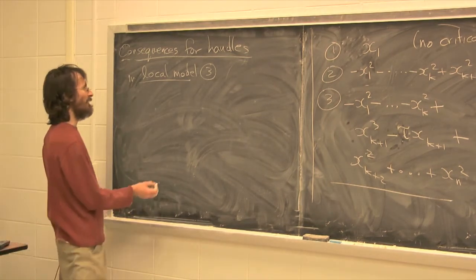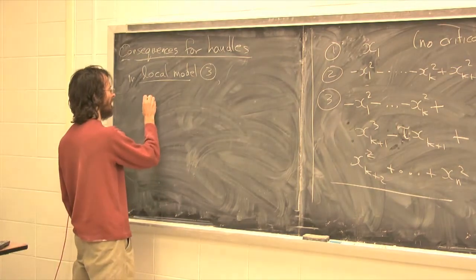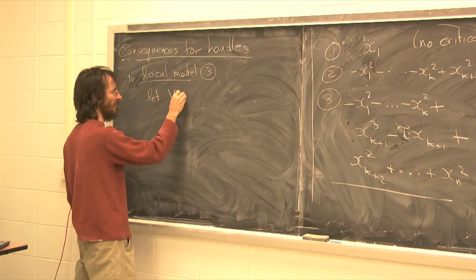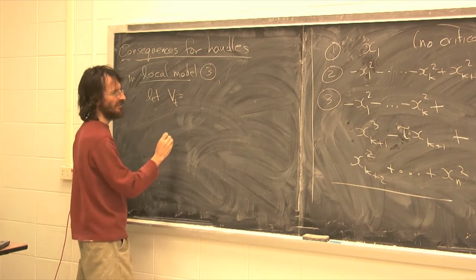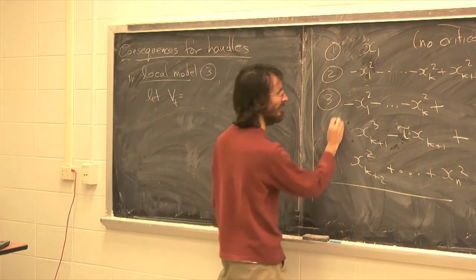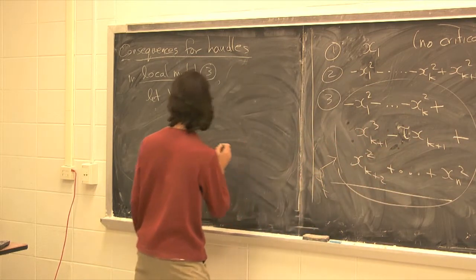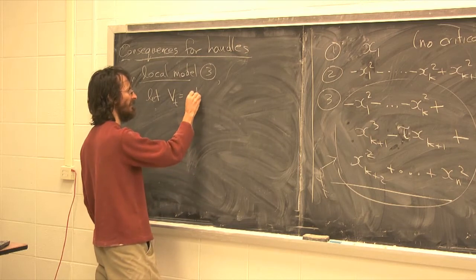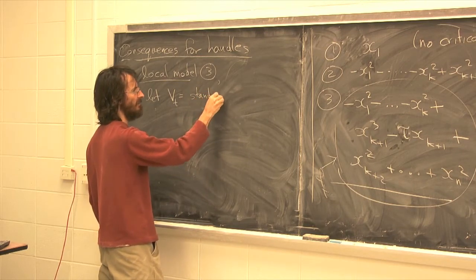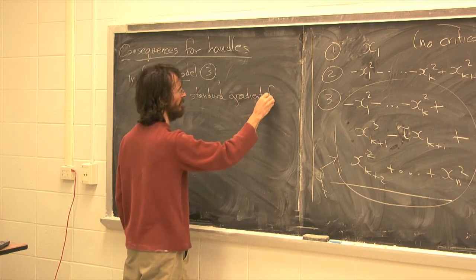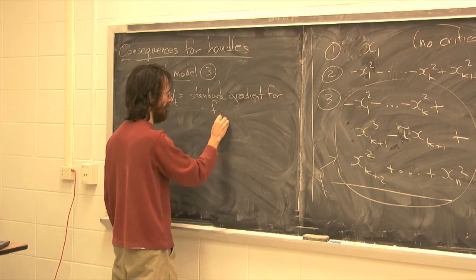And so, first of all, if we let v equal v sub t, so this is now a function f sub t, where v sub t equals the standard Euclidean gradient for f sub t.